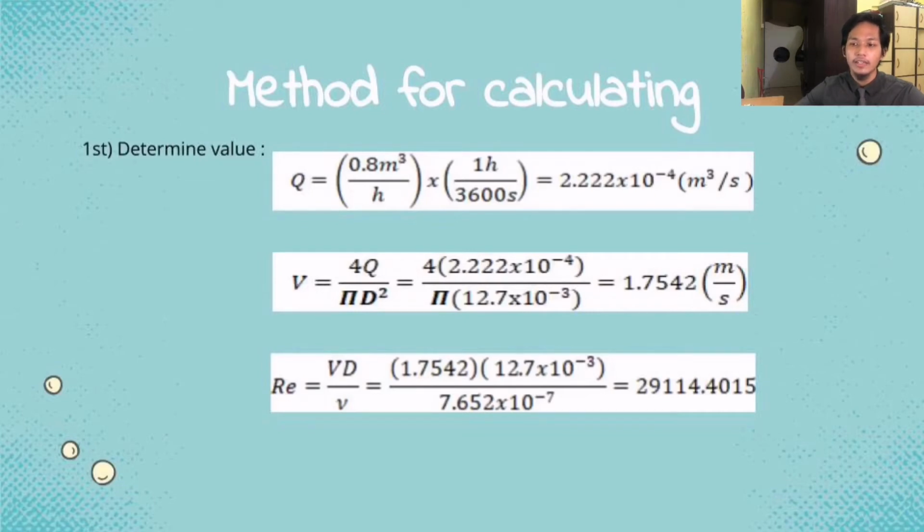And then by the 2 equations above, we can calculate the Reynolds number. The Reynolds number equation is velocity times diameter over the viscosity. So we just insert the answer from the equation above and the viscosity from the table into the equation. So we get the Reynolds number is 29,115.1427.